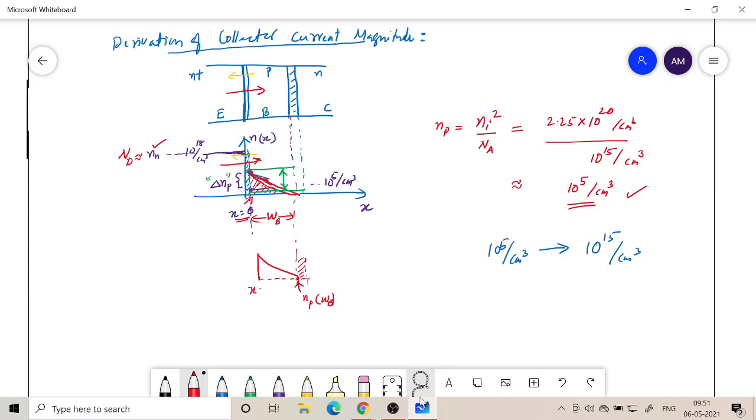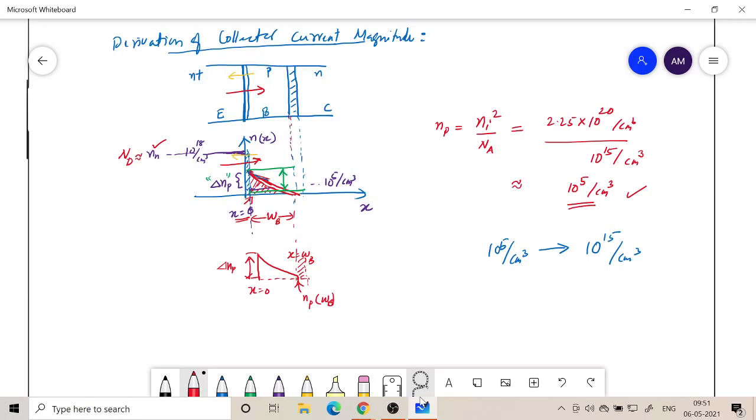So at x is equal to 0 so this is x is equal to WB. So the change in the concentration of electrons is going to go from this delta NP on this side, okay, from this delta NP on this side to 0 on the other side, and there will be a monotonous function. That means it will be continuously decreasing.